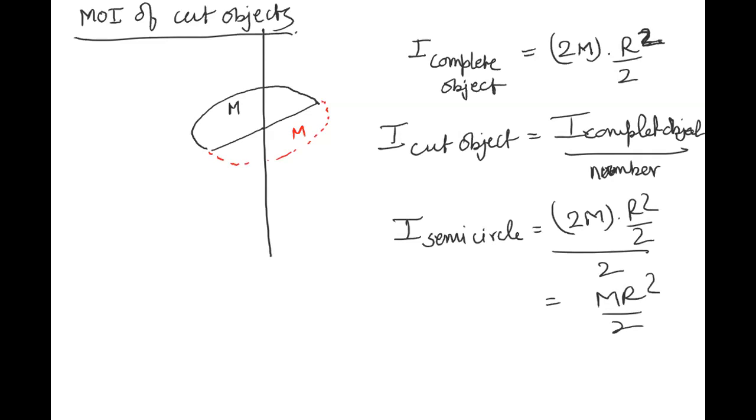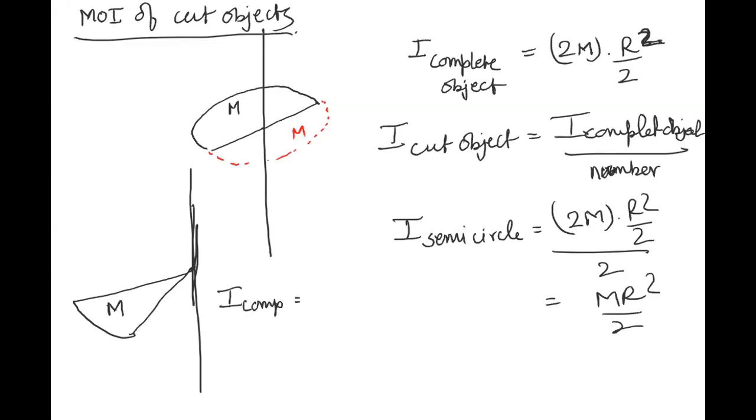So it turns out that the moment of inertia of a half disk is exactly the same as that of a disk. In fact, if I were to take, let's say, a sector of a circle of mass m and I asked you the moment of inertia about this axis, then moment of inertia of the complete object would be nm r square by 2.